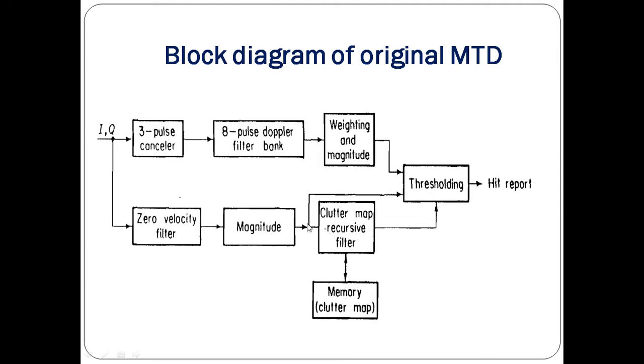And the last very important block is the clutter map. A conventional MTI processor eliminates only stationary clutter, but it also eliminates the aircraft moving on a crossing trajectory.